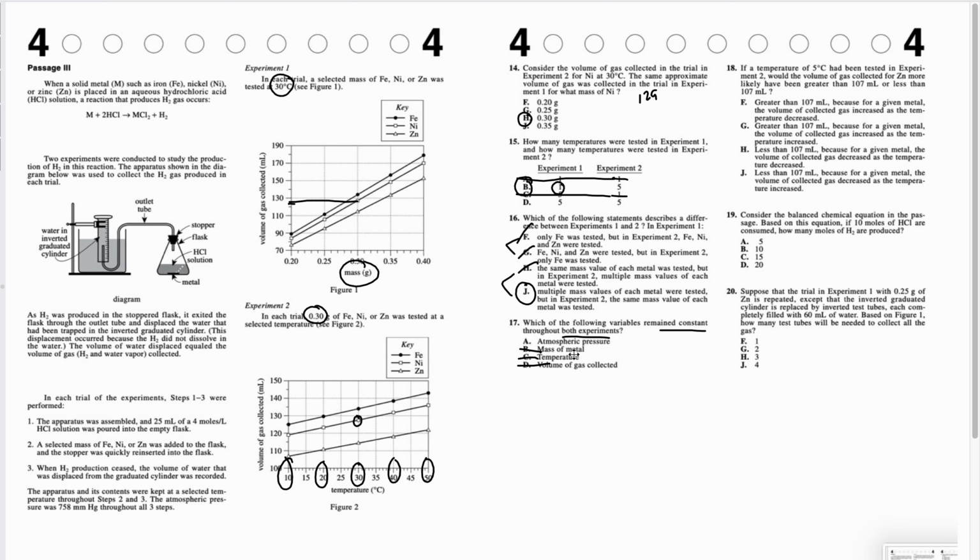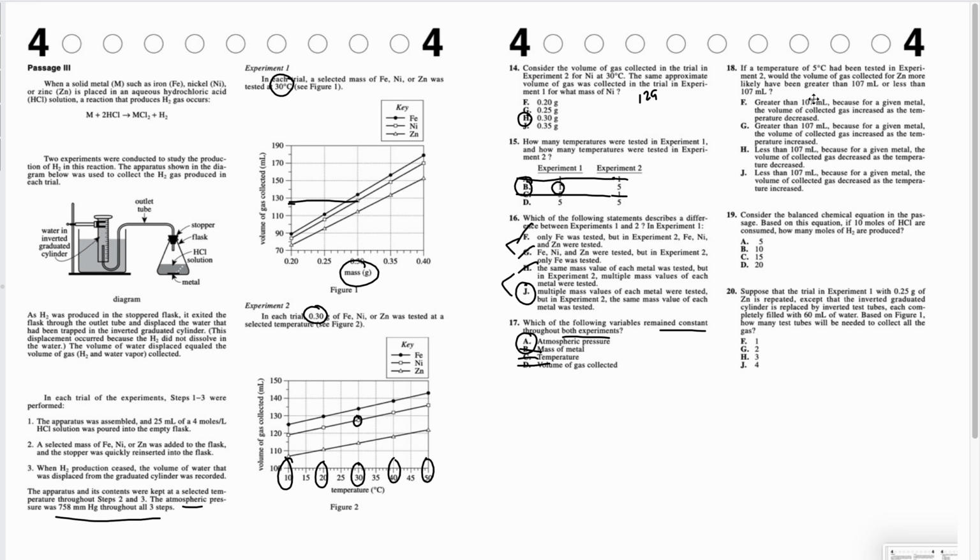So the only one left without even looking at anything else is A, the atmospheric pressure. Coming over to the information, I scan for anything about atmospheric pressure. The atmospheric pressure was the same for all three steps, so that means it remained constant. So A is the correct answer.